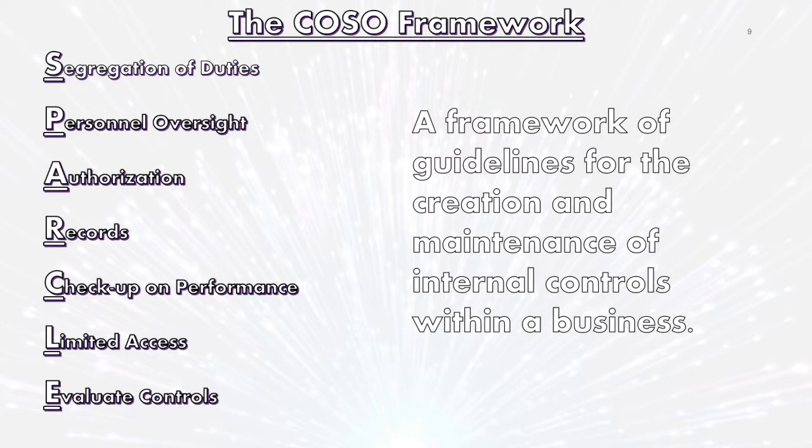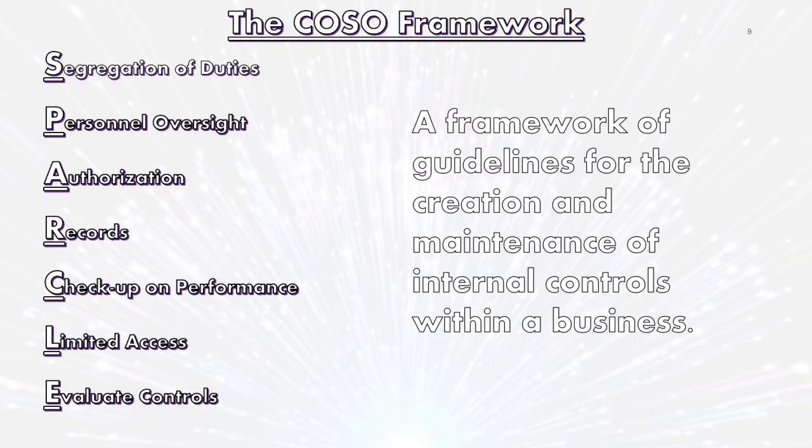C is for checkup on performance, which means that employees are able to examine the ability of the system to facilitate the sales process, as well as ensure that the sales process is projected to be profitable for the business.